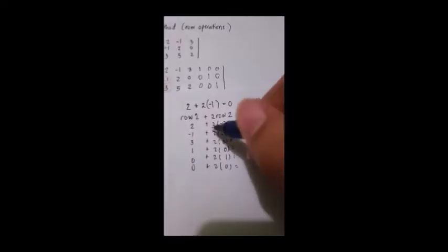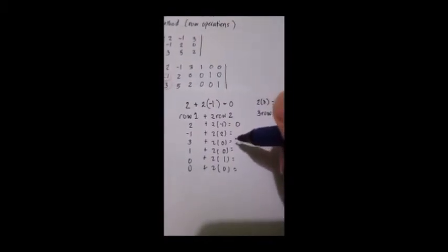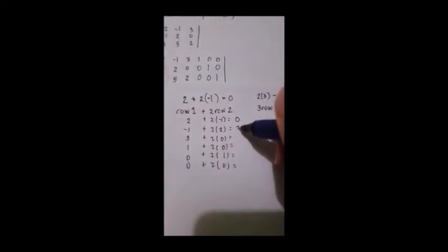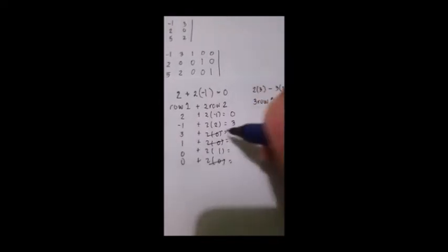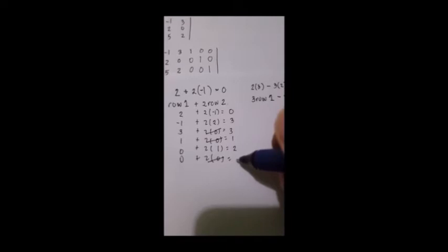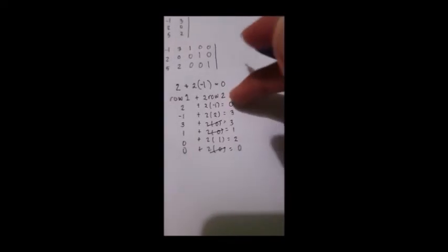So, this will become 2 minus 2 is 0. This will be negative 1 plus 4 is 3. This is 0, 0, 0. So, 3, 1, 2, and 0. Okay. So, eto na yung magiging bagong members ko ng row 2.